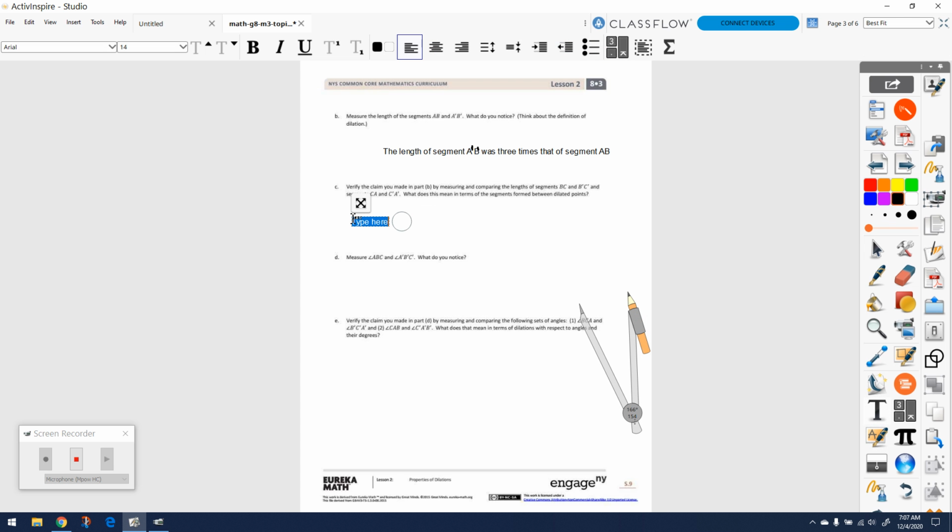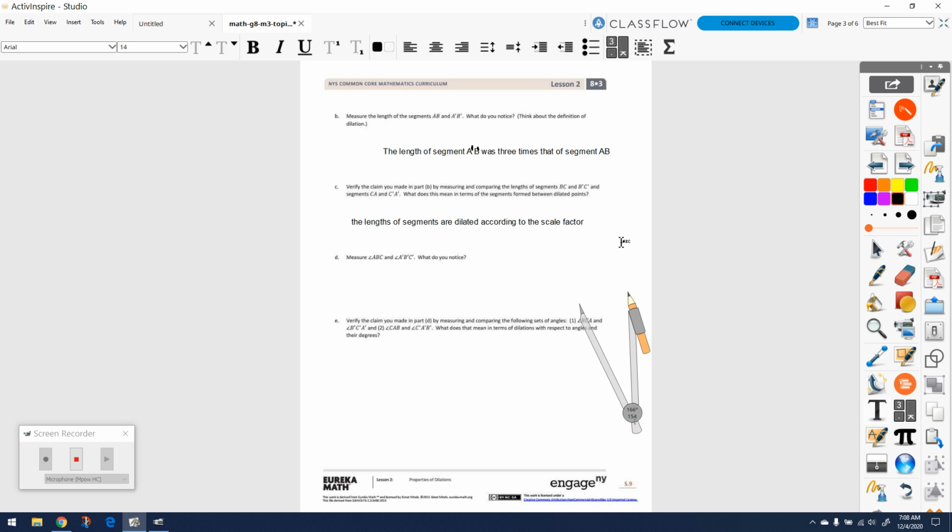Well, the lengths of segments are dilated according to the scale factor. So whatever that scale factor is, whether it's a point, whether it is a shape, a line, a ray, anything, as long as it follows the scale factor, it is correct.